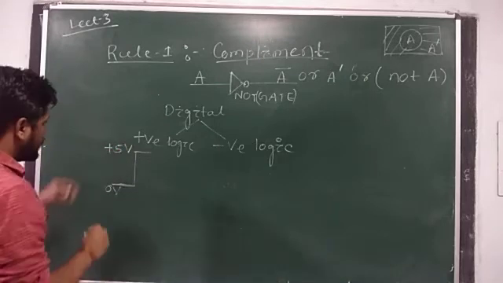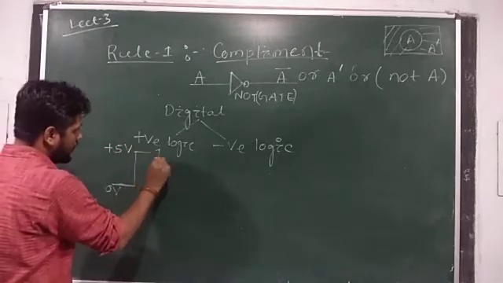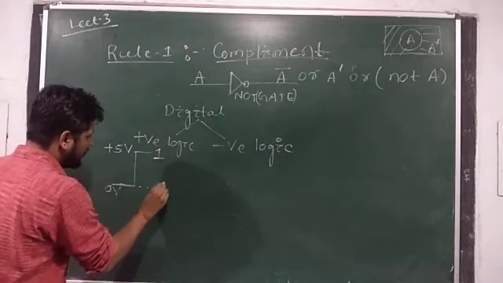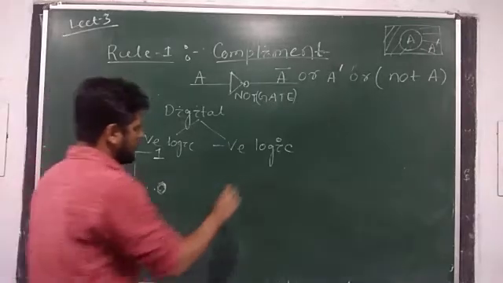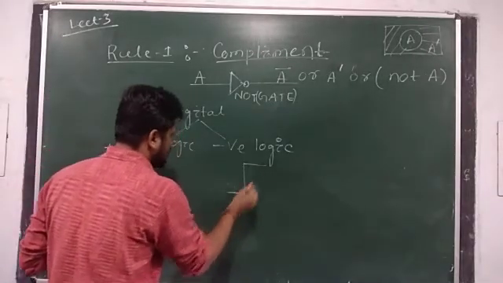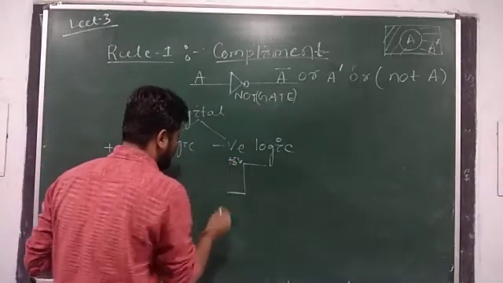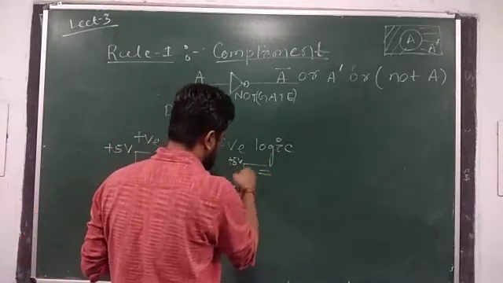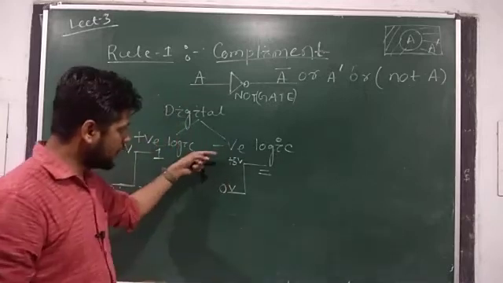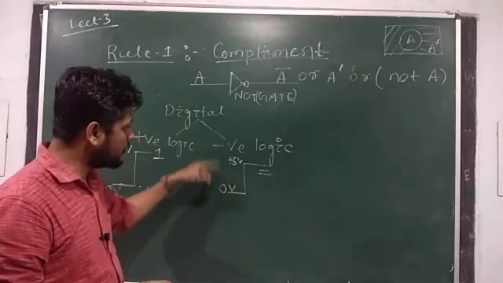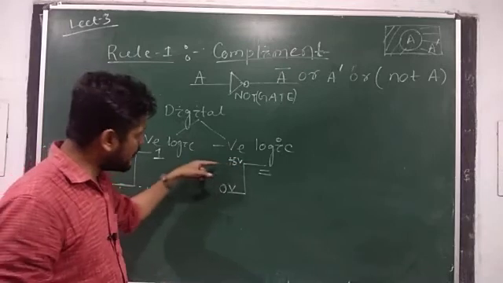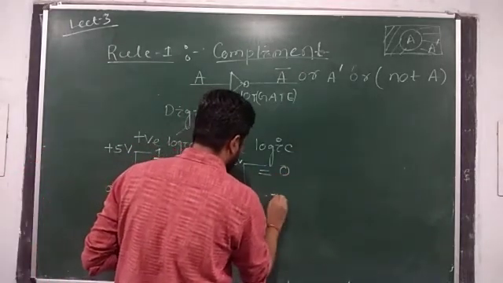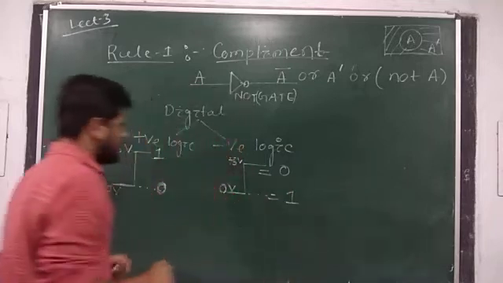The highest voltage will be taken as 1 and the lowest voltage will be taken as 0. Similarly, in negative logic, if this is plus 5 volt and this is 0 volt, the highest voltage level, 5 volt, will be considered as logic 0 and 0 volt will be considered as logic 1.